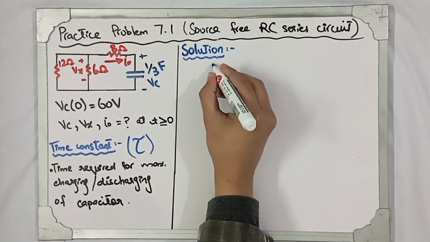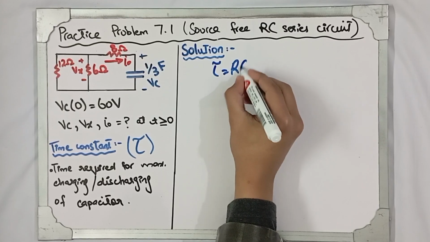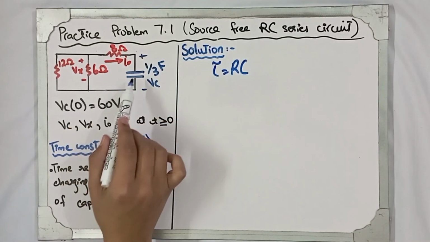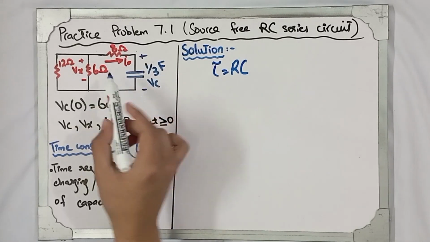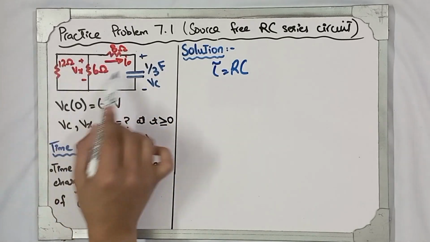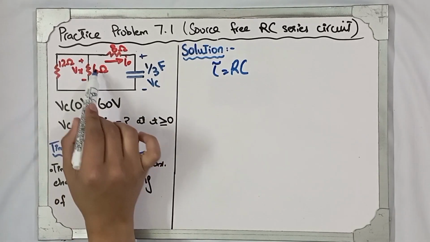The symbol tau equals RC, and you can see that we have been given resistors in different combinations, so we have to find the equivalent of these resistors. The 12 ohm and 6 ohm resistors are parallel to each other, so let's find their equivalent first.